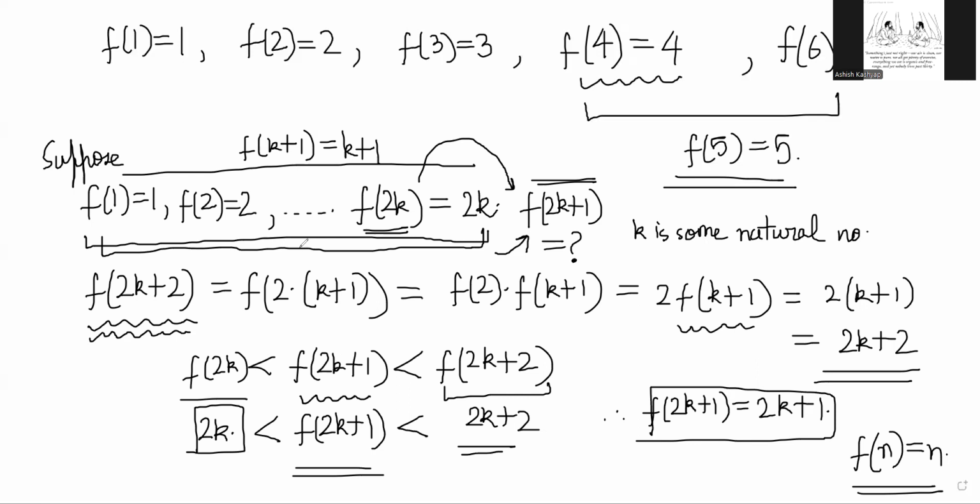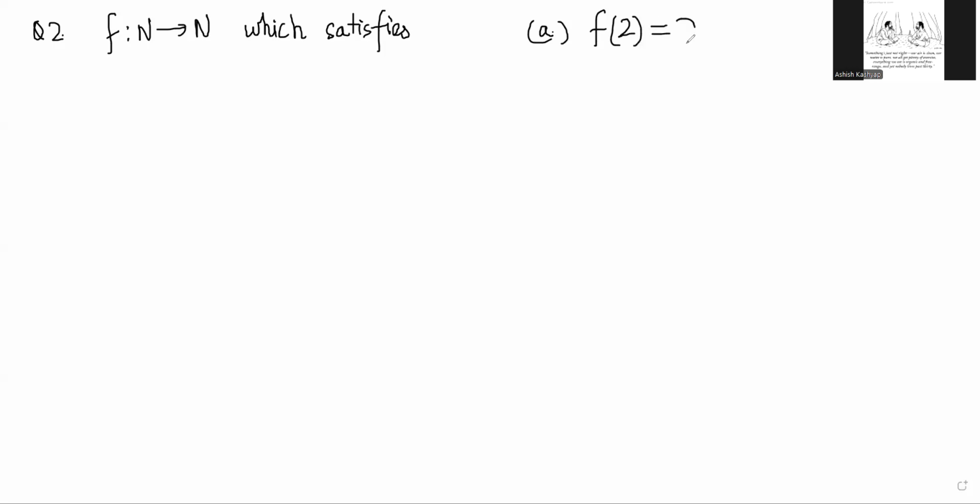Now, a slightly different problem, which is a variant of the first problem, but here we will relax the second condition. So the question says, find f from N to N which satisfies, first of all, f of 2 is equal to 2.